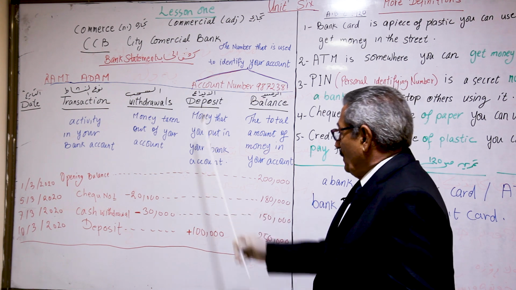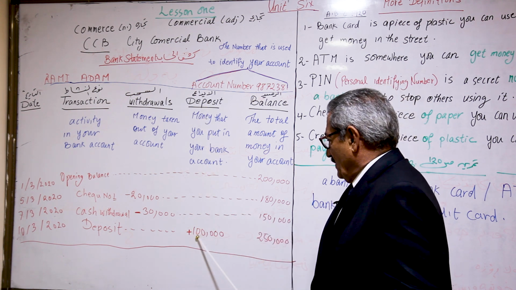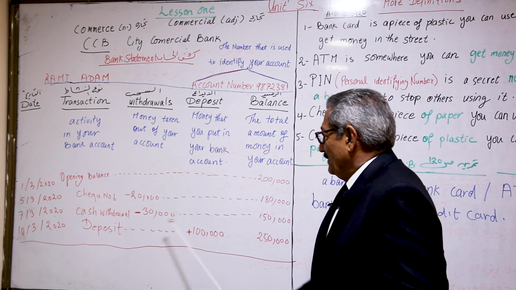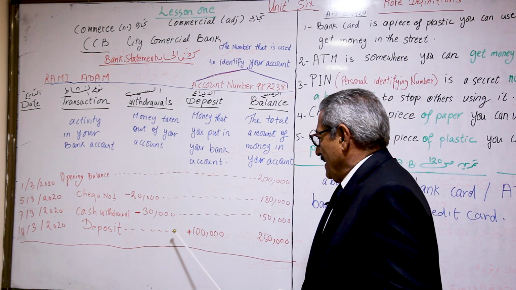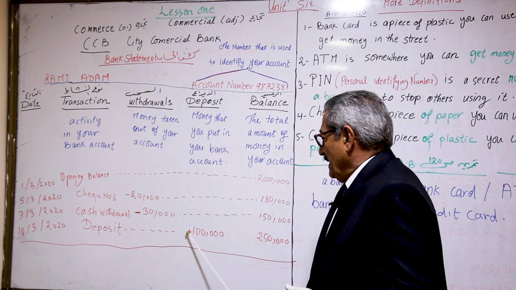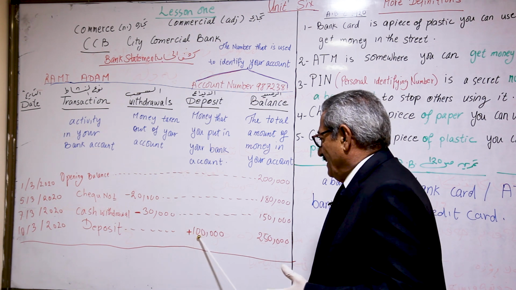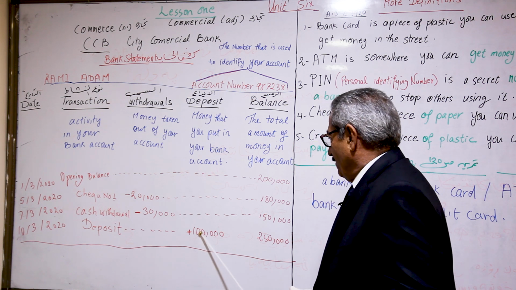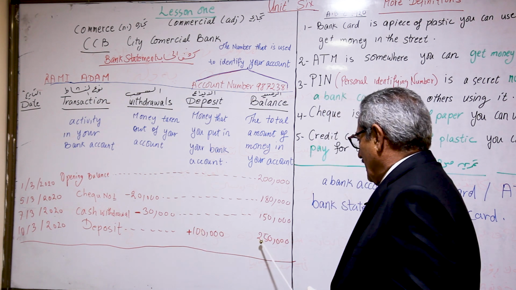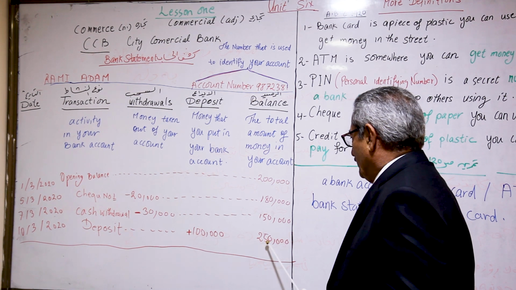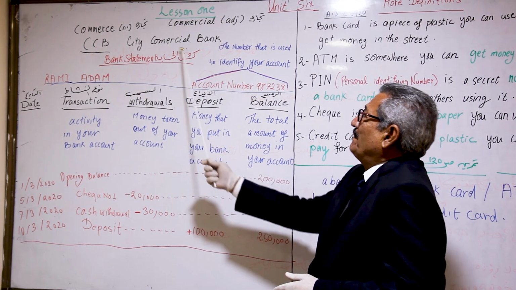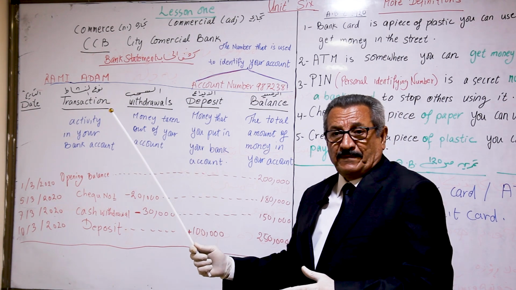So when we put under deposit this sum of money as a plus and not minus, that is to say, this sum of money has been added to your balance. So your balance becomes 250,000 Iraqi dinars. This is the bank statement.